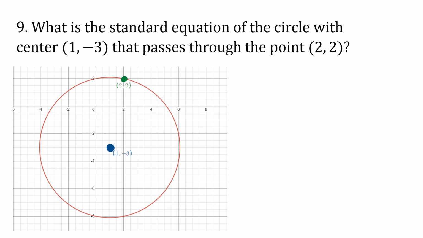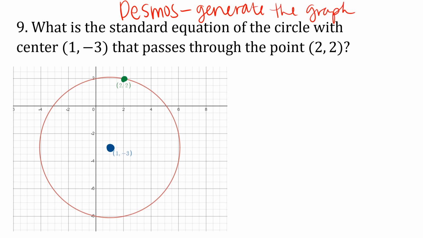I don't know if y'all ever heard of that. I used Desmos to generate the graph. It's a really nice free tool. It's pretty intuitive, and you don't need to know a lot of programming or anything to use it.